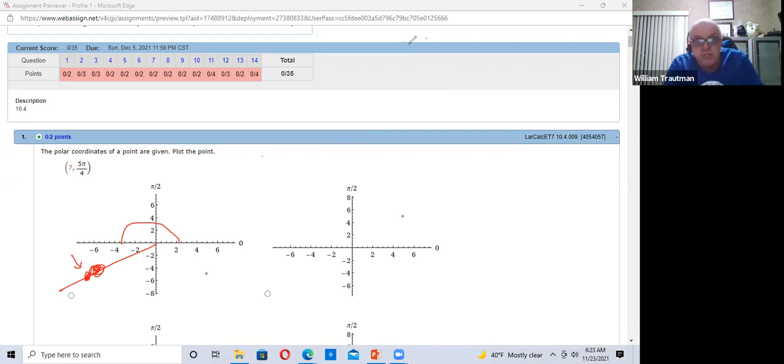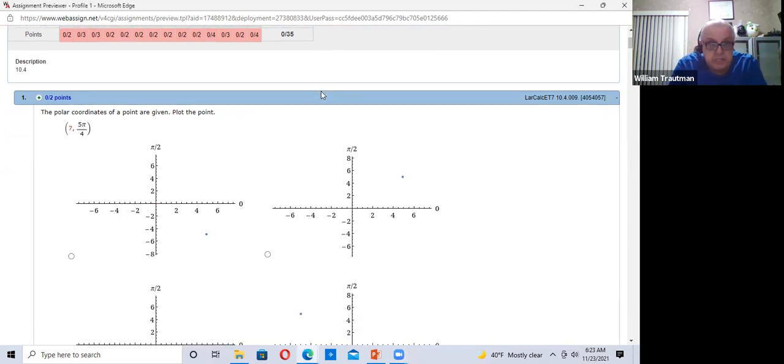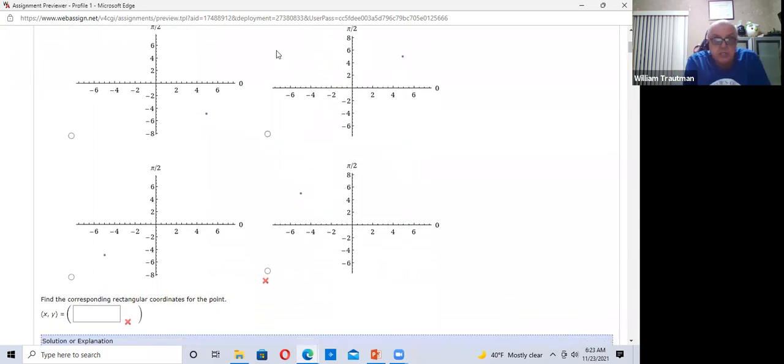Let's see if we can find any of the graphs with a dot in that third quadrant. And I see it right here. Once again, that line right there is 5 pi over 4. So that looks like the correct graph.